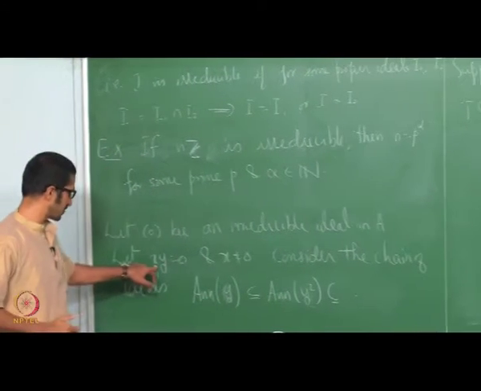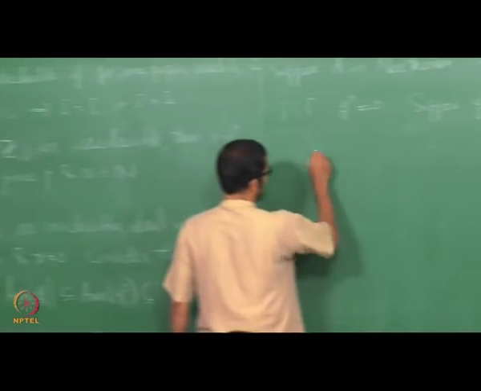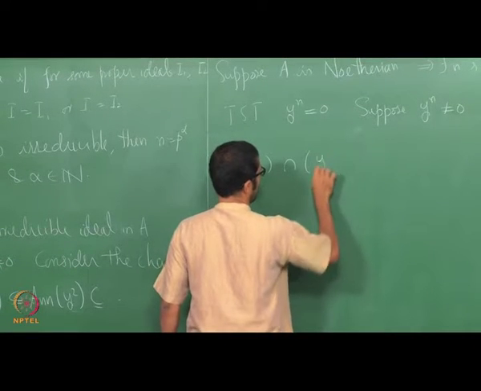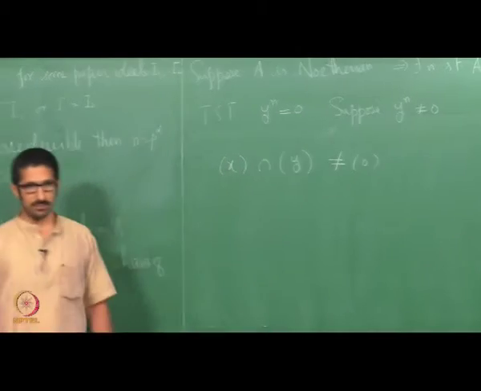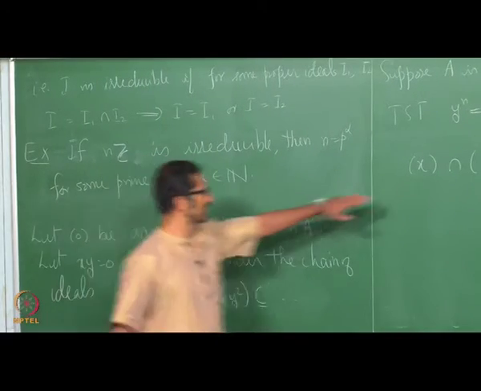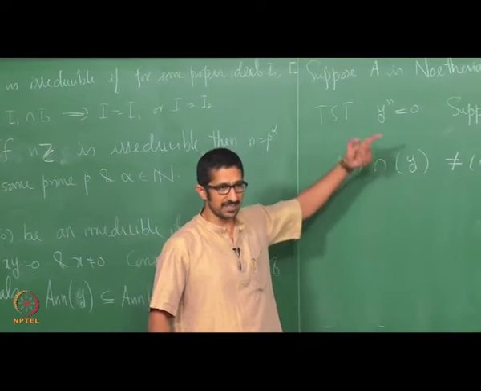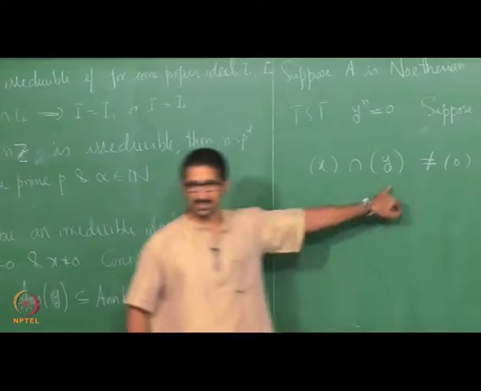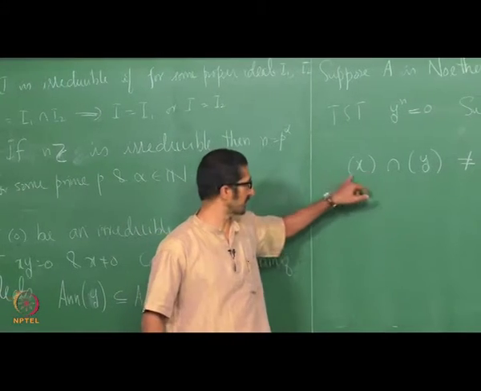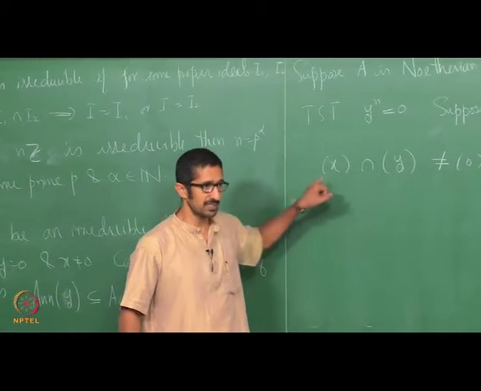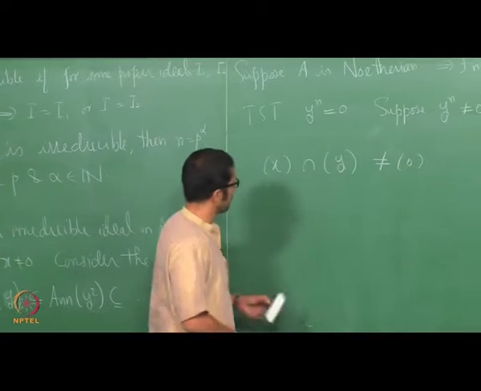What we know is that xy is 0, okay, but the ideal generated by x and y need not necessarily be 0, because the product xy is contained here, but that need not be this, right. For example, in the case of Z, the intersection of (m) and (n) is generated by the LCM of m and n, it need not necessarily be generated by the product. So, we can't expect this.